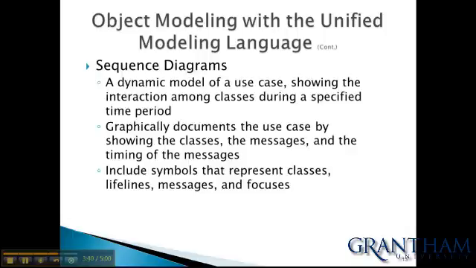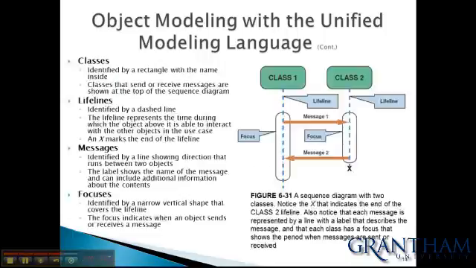A sequence diagram is a dynamic model of a use case showing the interactions among classes during a specified time period. It graphically documents the use cases by showing the classes, the messages, and the timing of the messages. It includes symbols that represent classes, lifelines, messages, and focuses. Here is an example of a sequence diagram with two classes.